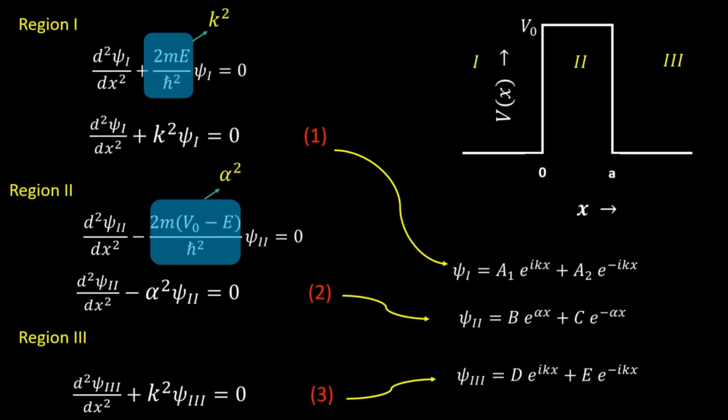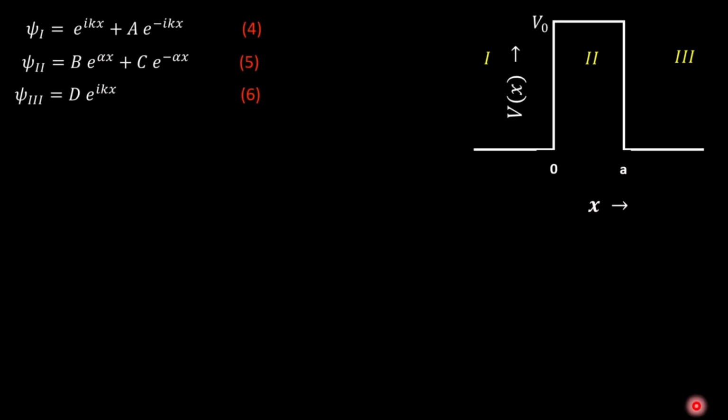So these three equations become like this with these modifications, where we have considered a unit amplitude for the incident wave, and we don't have any reflected wave in region 3 as there is nothing to reflect it.